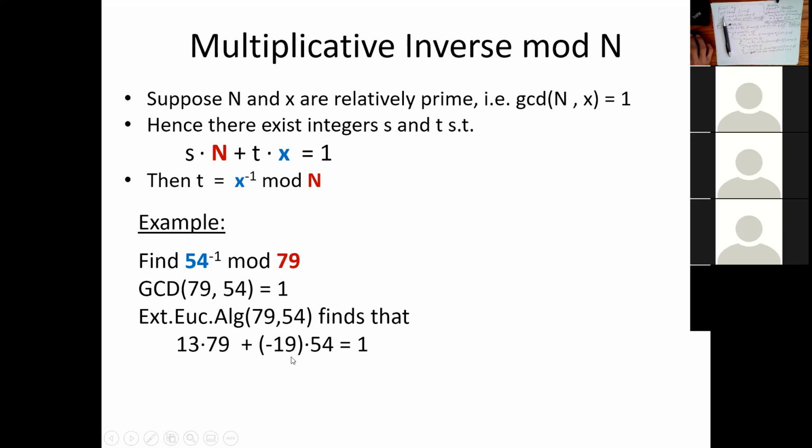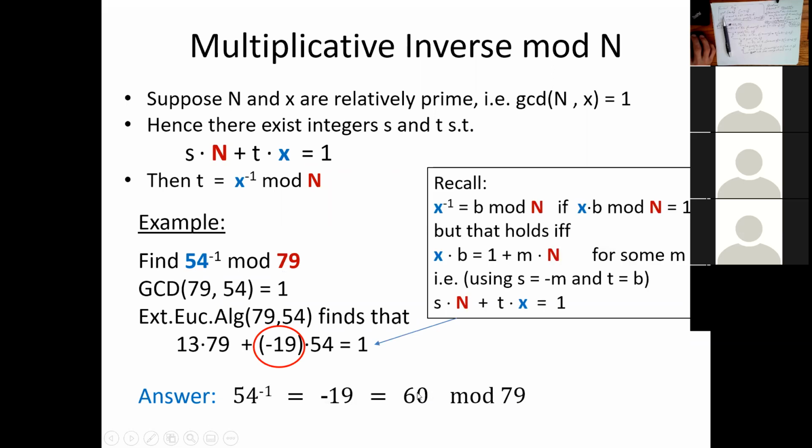Now minus 19 is the multiplicative inverse of 54 mod 79. But I don't like to express the multiplicative inverses as negative. I want to express them as numbers mod 79. So minus 19 mod 79 is 60. This 60 is a multiplicative inverse.